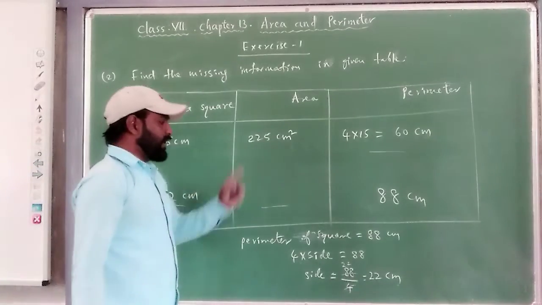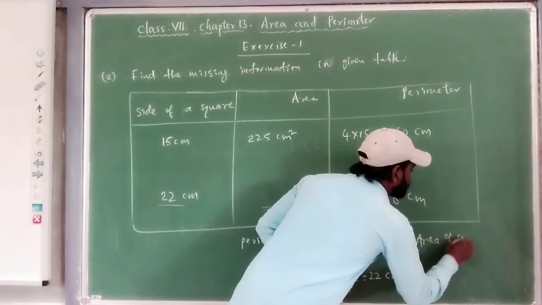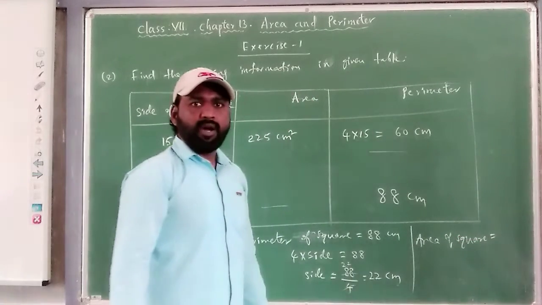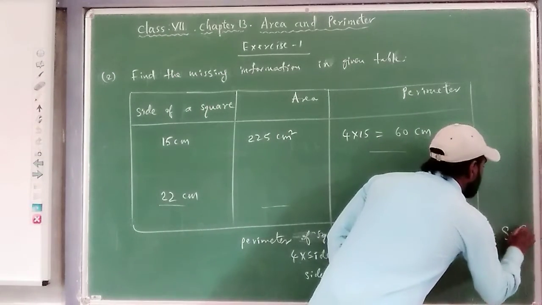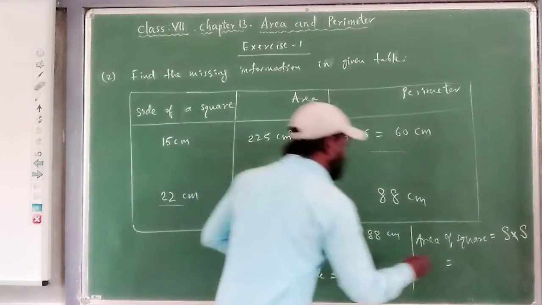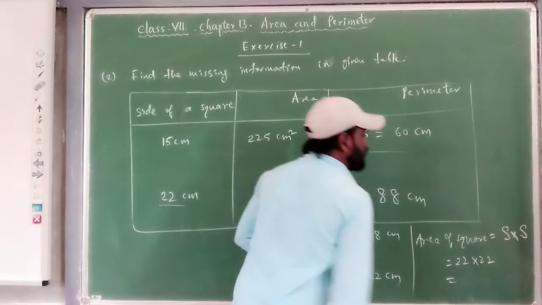Now we have to find the area also. We know area of the square is side into side, that is side square. The side is 22 centimeters, so 22 into 22.